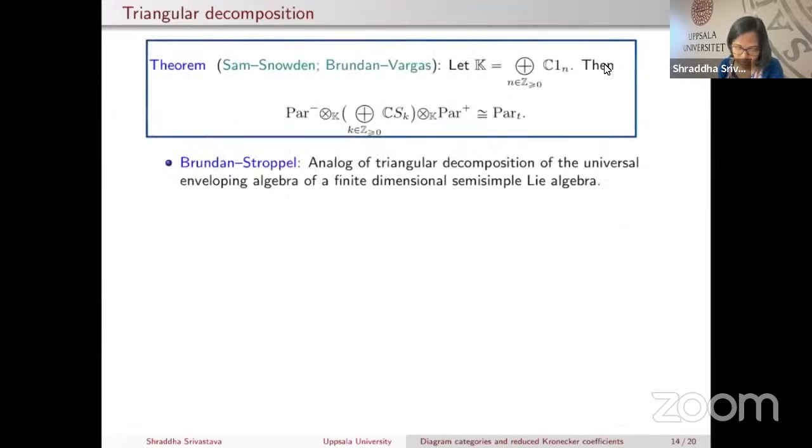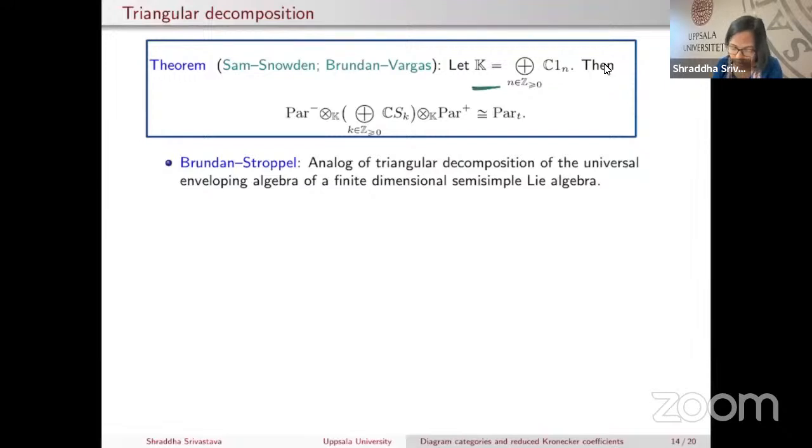So Sam and Snowden did this in a different language, but Brandon and Vargas, that is exactly their work we are discussing now. If you look at this locally unital ring K, everything is a K-K bimodule: this par minus, par plus, and par 0.